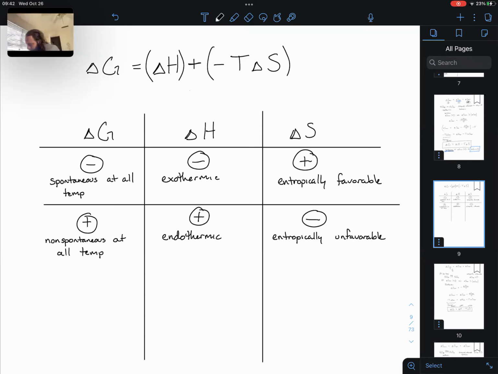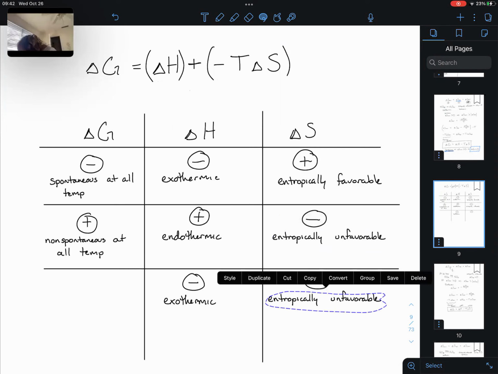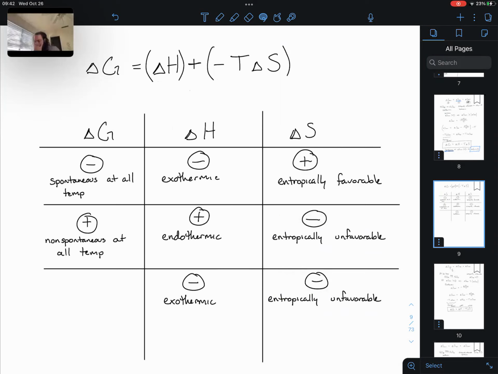All right. So now let's look at a reaction that's exothermic, but entropically unfavorable. And let's think about what the sign of delta H would be.